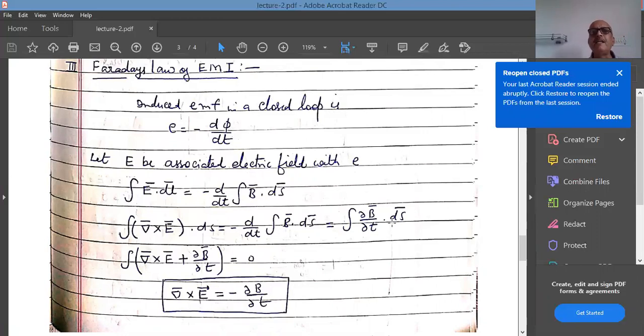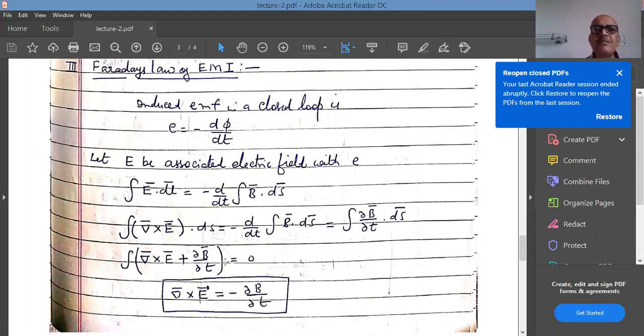Both are independent of each other, and therefore taking the derivative first and then the integration, or first finding the integration and then taking the time derivative, amounts to the same thing. So you have to understand the physical meaning of this. If we put them together, curl of E plus del B over del t is equal to 0.